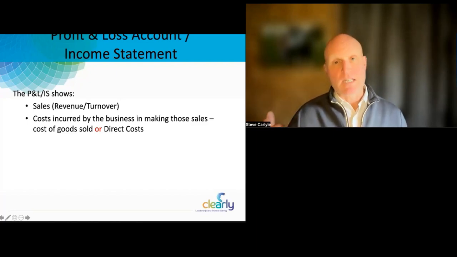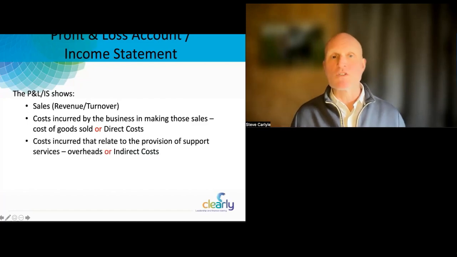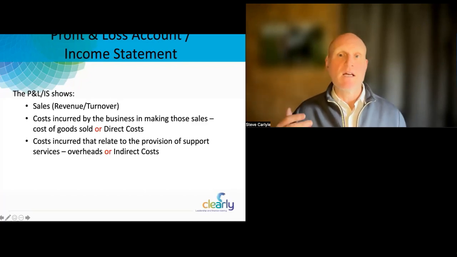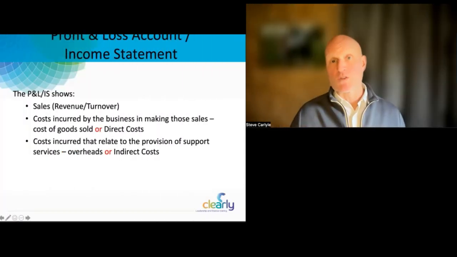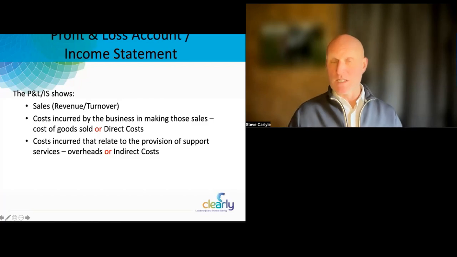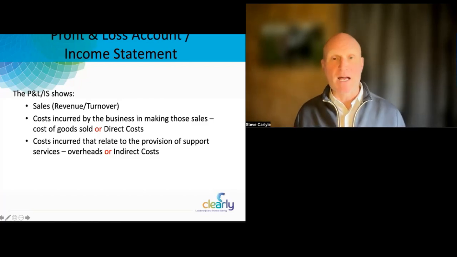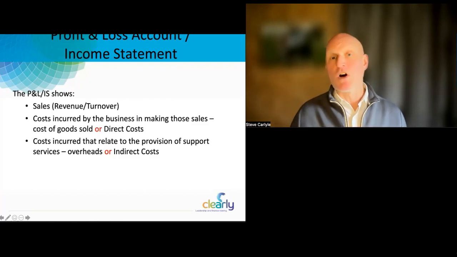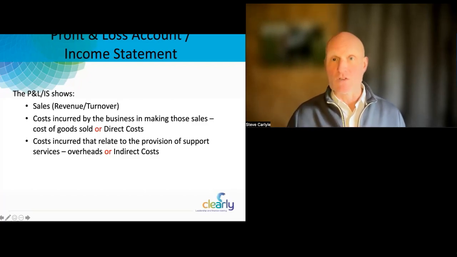So we've got direct costs, the cost of the apples in my example, and then we've also got the costs incurred to support the sale of those apples, and that would be things like renting the market stall, the fuel for the van to transport the goods to the marketplace, the depreciation of the van if you owned it and it was one of your fixed assets, just to link back to video number 3 on the balance sheet. All of those costs would be overhead costs. So that's the second category of costs in there.